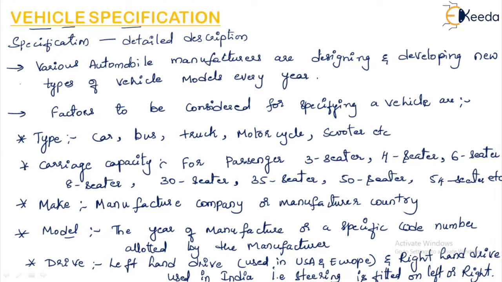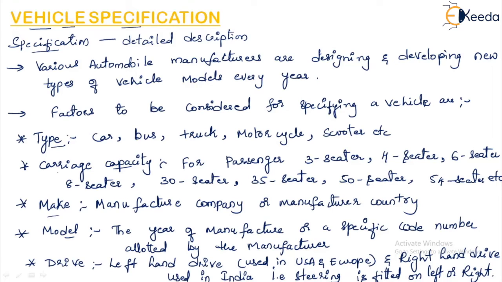An example we can take for specification: if you want to specify a particular student, what do we consider? First, the type, whether the student is male or female. Then capacity, maybe the year in which that student is studying.